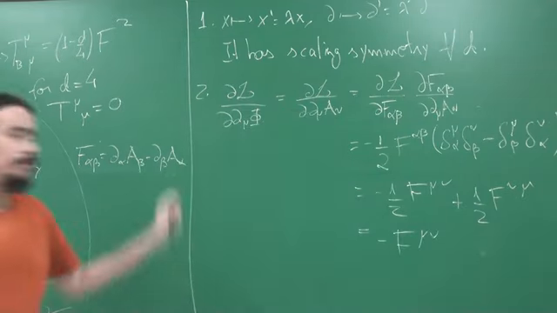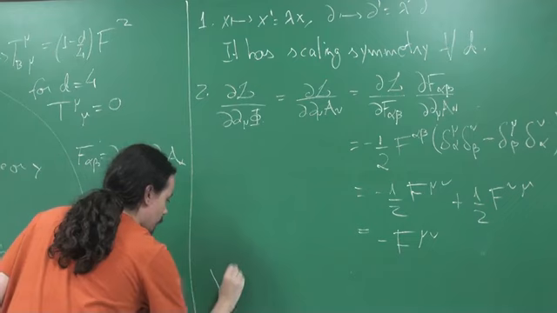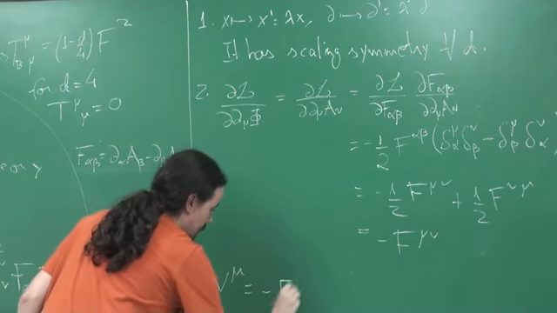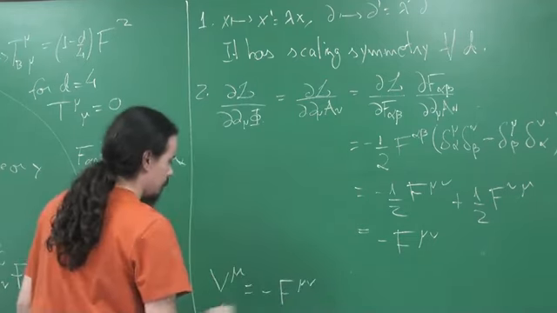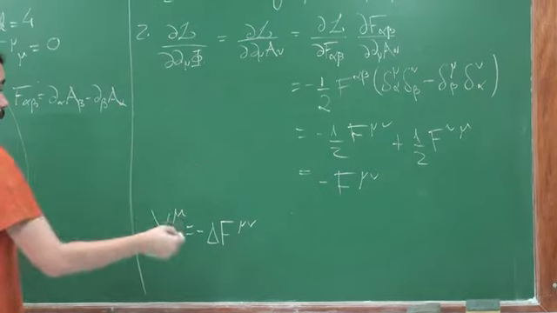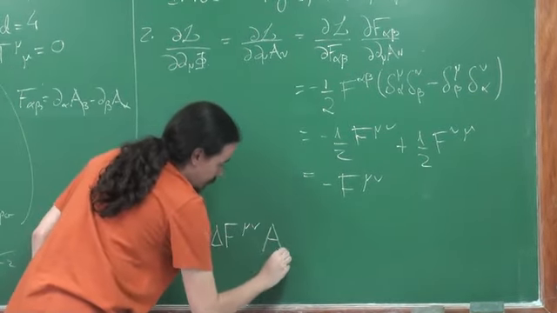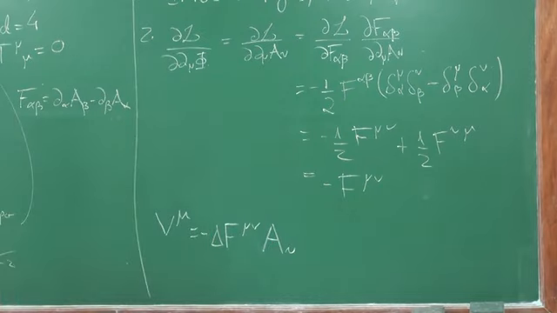Okay. So the virial is this bit here. The virial is the same bit, where I put the scaling dimension delta. This is the scaling dimension of the gauge field, contracted with a nu. Okay.